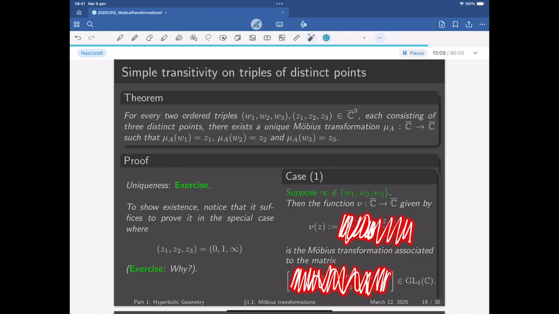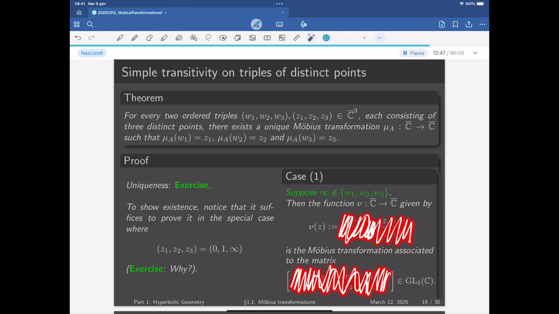Okay, and now I'm going to try to hold this like it is, because I want to send W1 to 0. So I take the transformation Z minus W1.